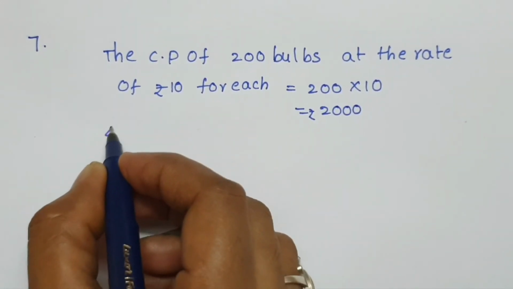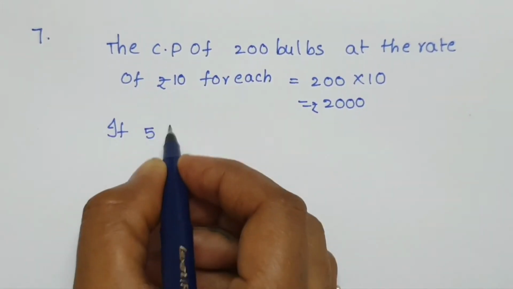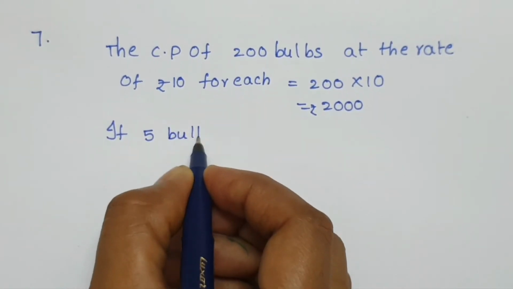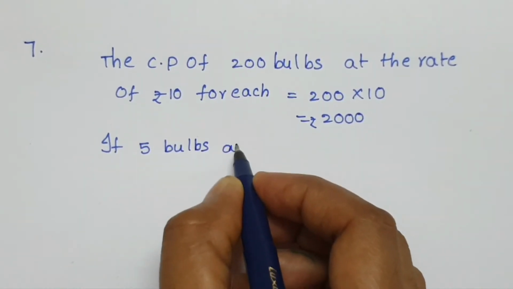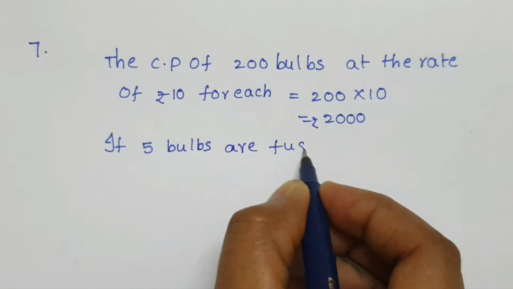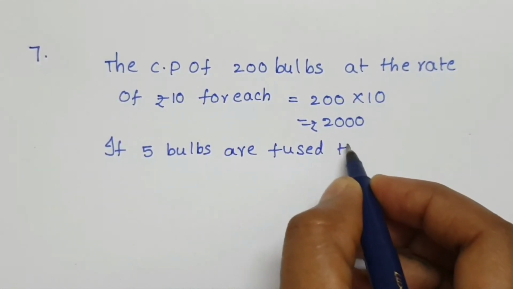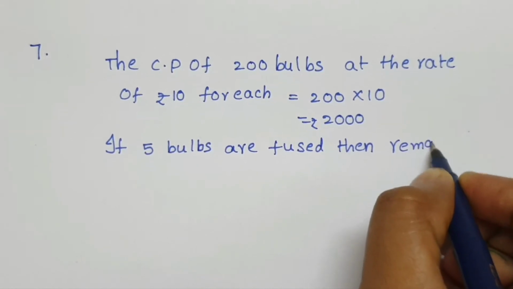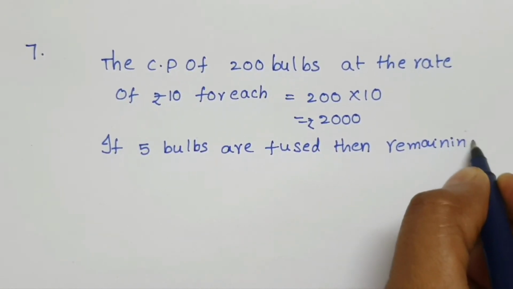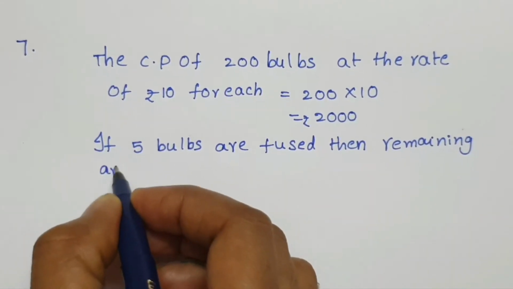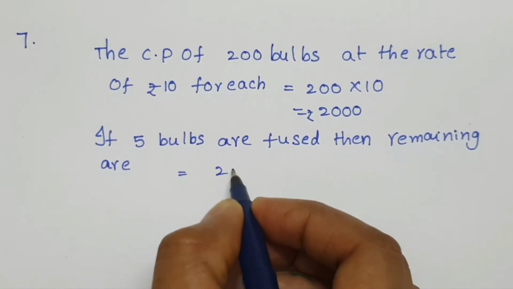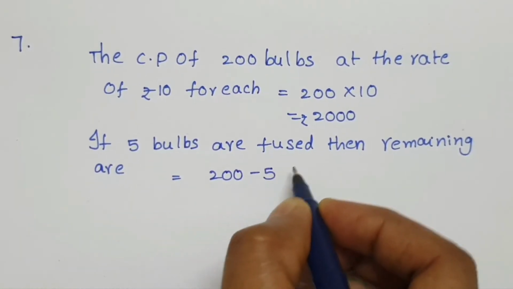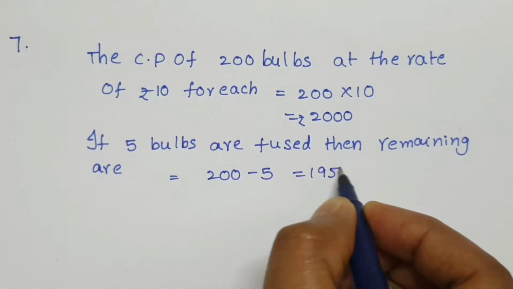If 5 bulbs are fused, then the remaining are 200 minus 5, we get 195.